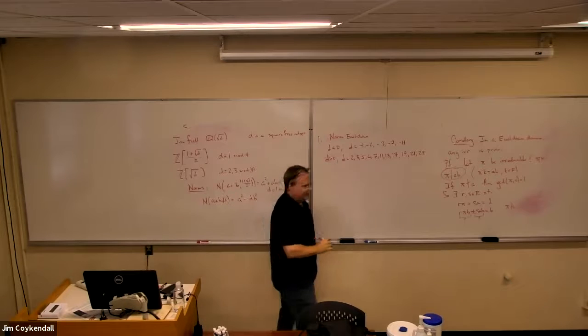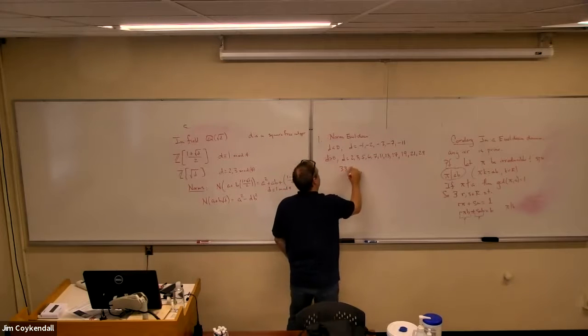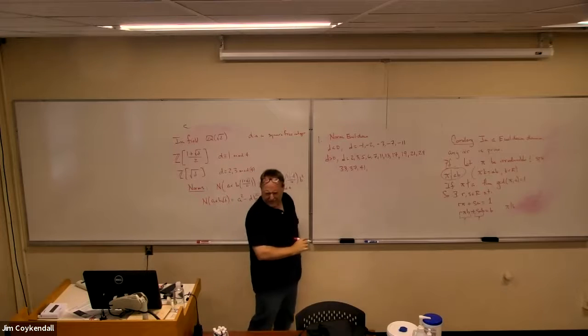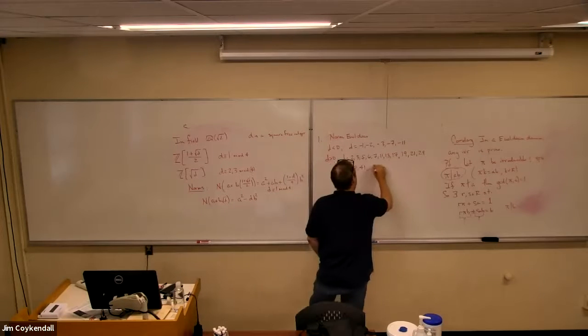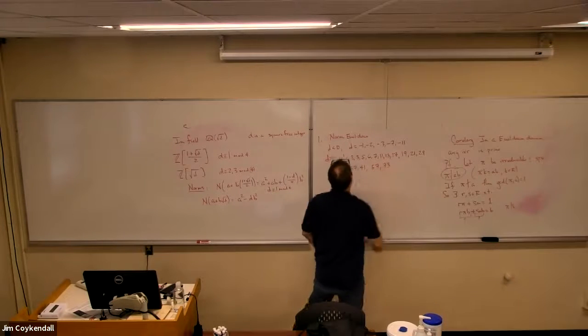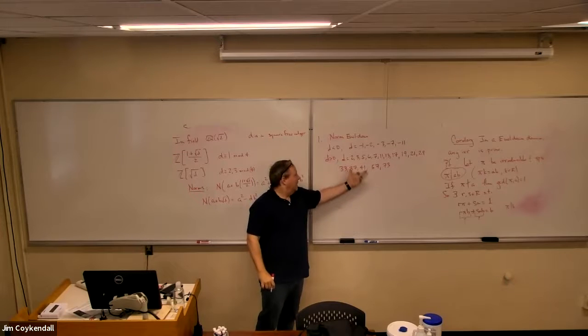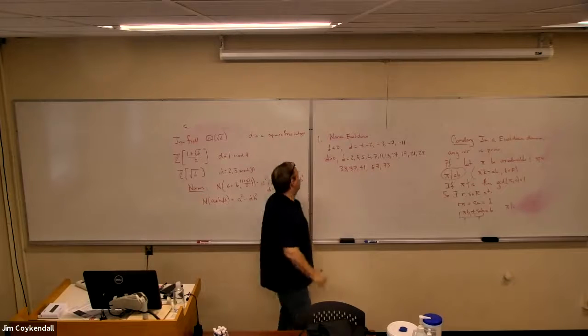Yeah, 33, 37, 41, 57, 73. For positive D, the real ones, these are the only ones that are norm Euclidean. That's it in the universe.